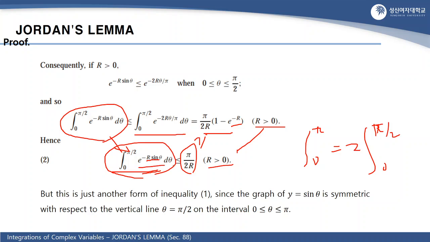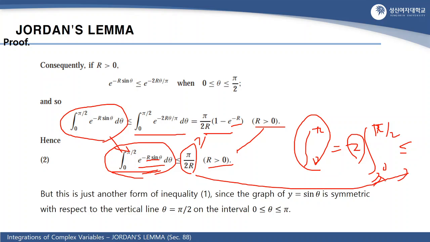Therefore, the integral from 0 to pi would then be less than or equal to pi. For this, we need to double, so we consider this quantity here: 2 times pi over 2 times capital R. So we cancel 2, then we get this pi over capital R.